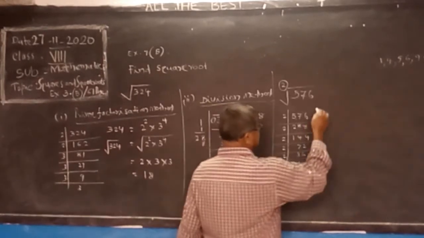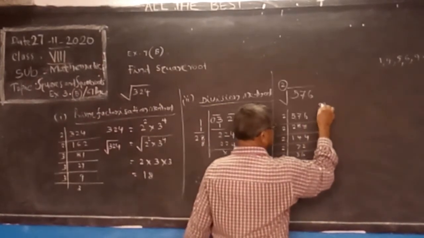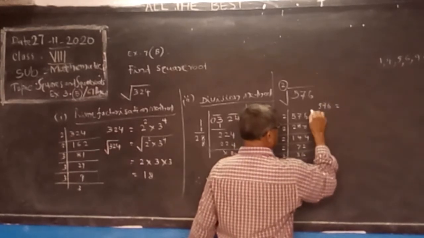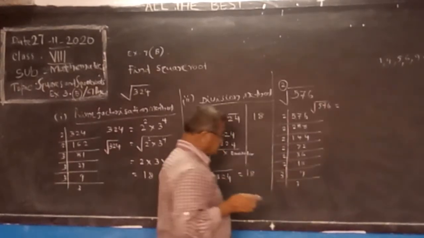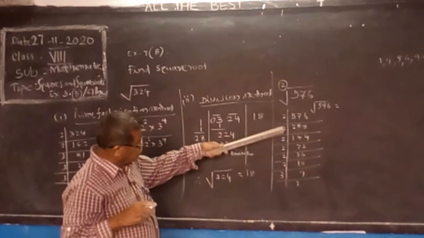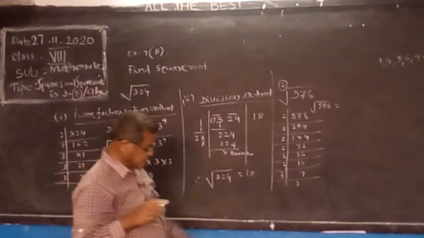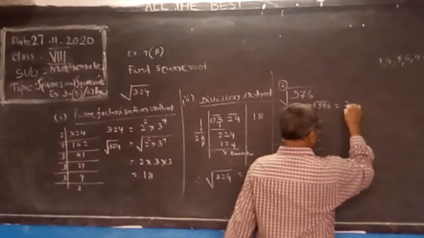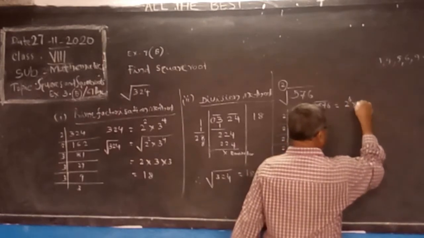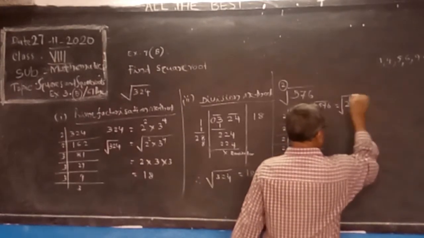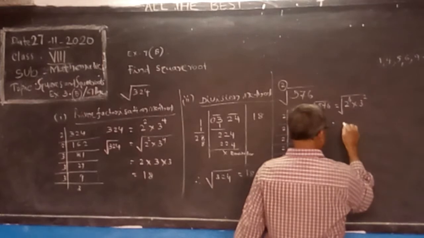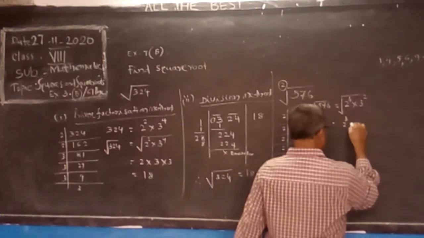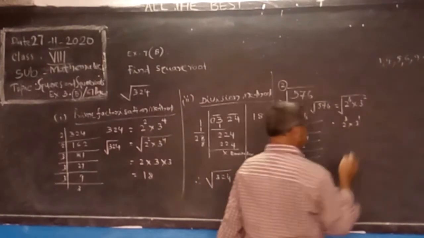Now 576 can be written as 2 power 6 and 3 squared. The square root of this is equal to how many 2's? Count 1, 2, 3, 4, 5, 6. 2 power 6 and 3 squared. To take, 2 cubed and 3.